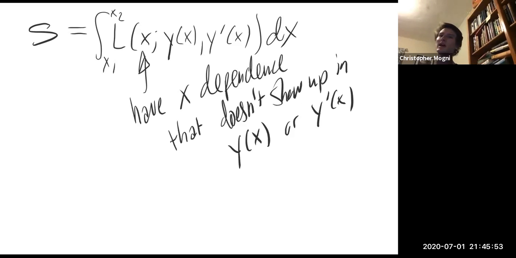So what that means is that when we're studying the extreme values of this functional S, x can show up in funky ways. And so I wanted to go over two examples to show why you need to be careful of where x is showing up and how that can affect your answers.